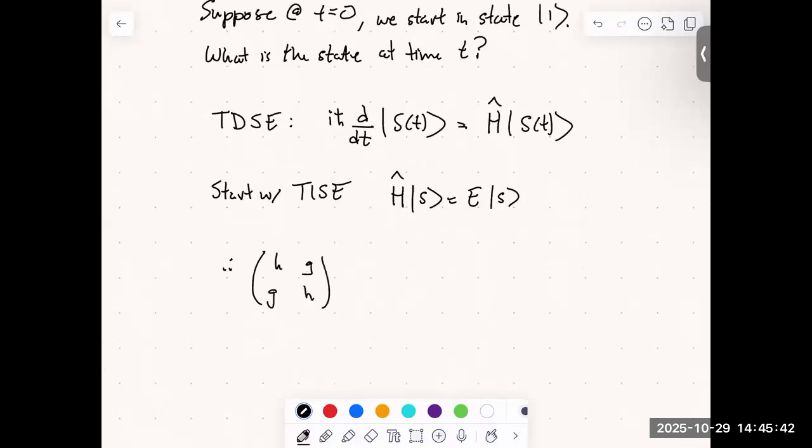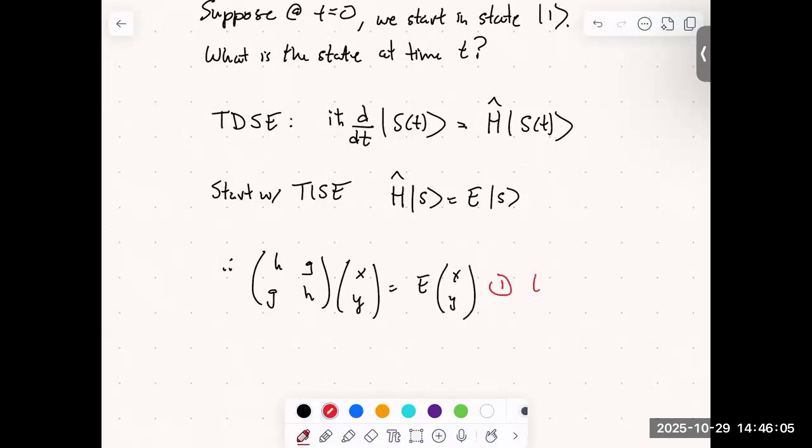We write down our assumed Hamiltonian in matrix form, and we take some general state. I'll choose x, y, and we're going to try to find x and y that satisfies this time-independent Schrodinger equation. So this is equation 1.